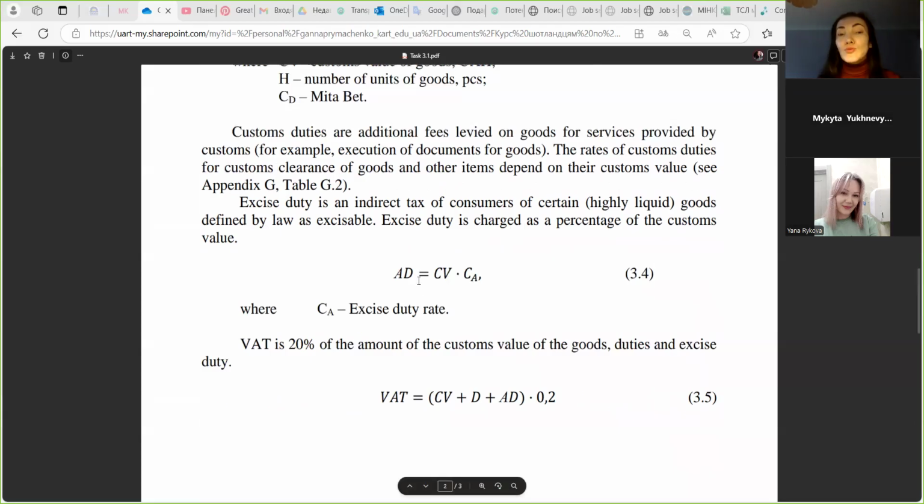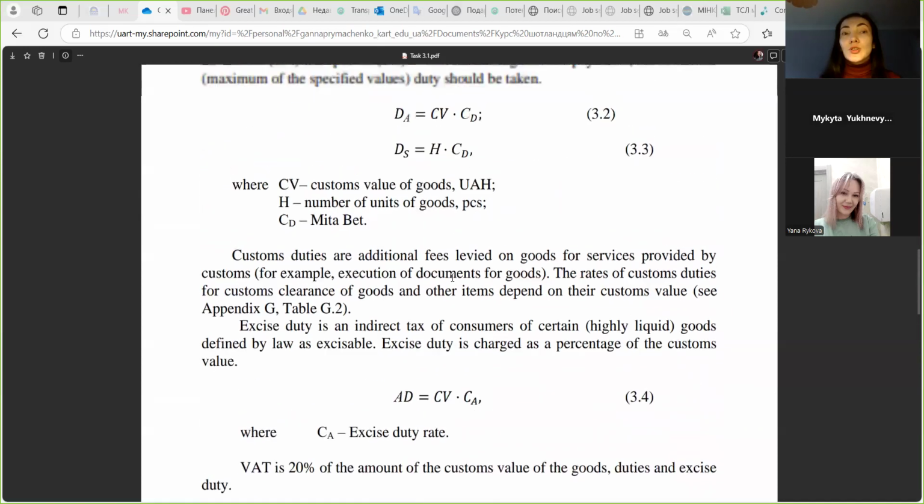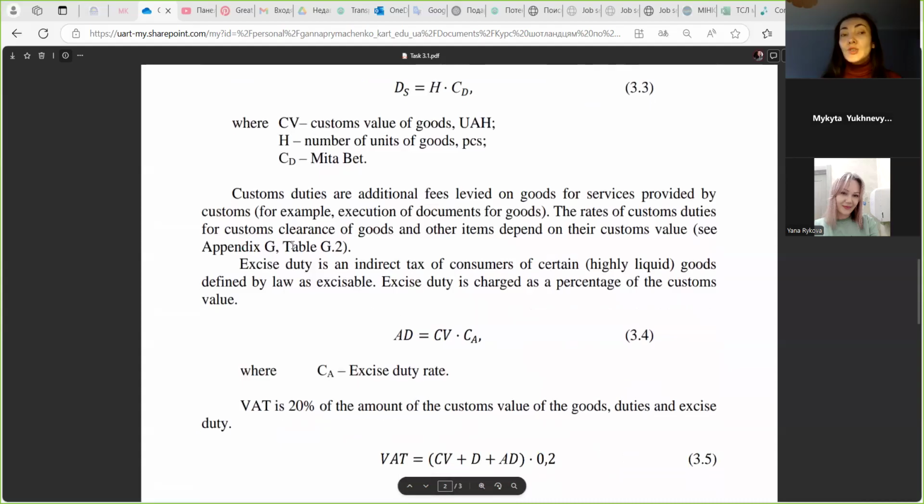It is equal to, and we use the same parameter CV, we already used it, it is our customs value of goods in hryvnias. We use the same parameter CV and multiplied it by special excise duty rate. And we could find it in our table G.2.